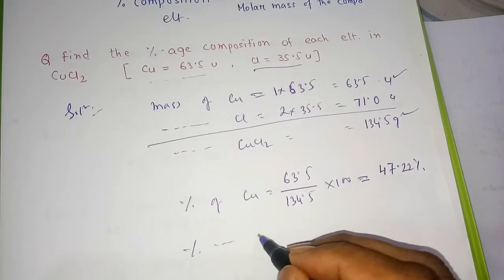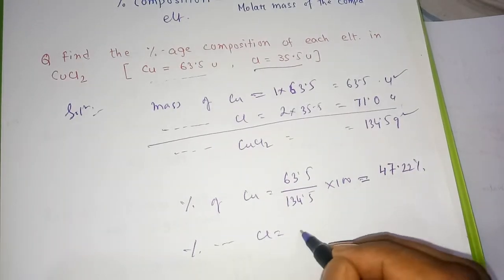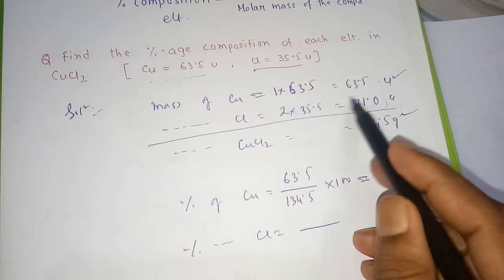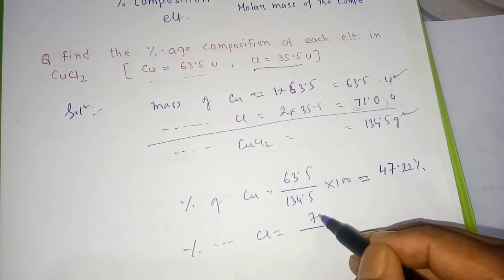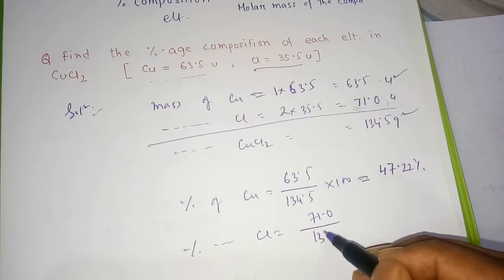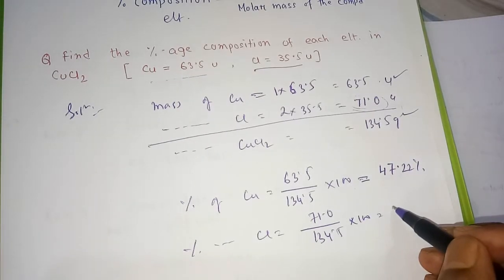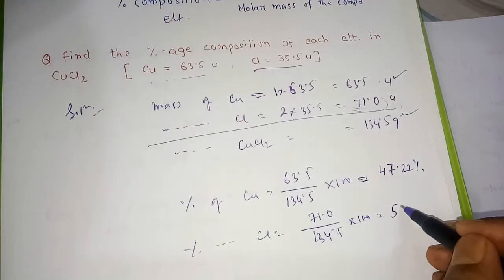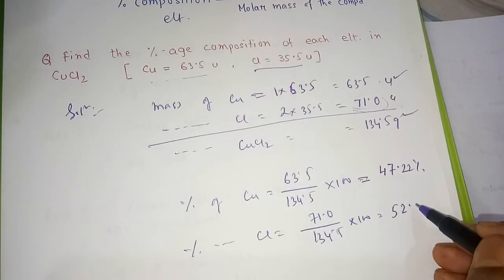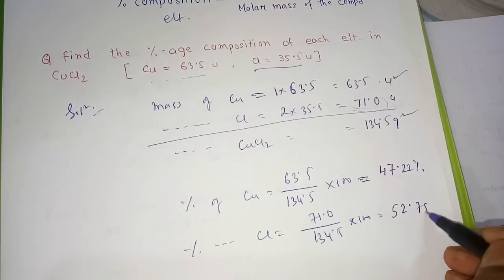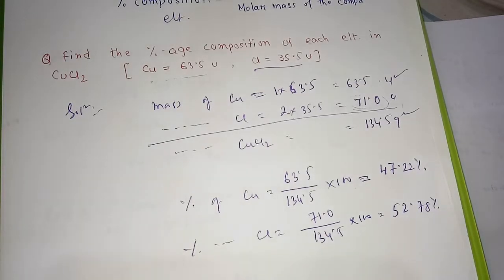And the percentage of chlorine, how much chlorine is there? 71.0 divided by 134.5 into 100. So that is 52.78%.